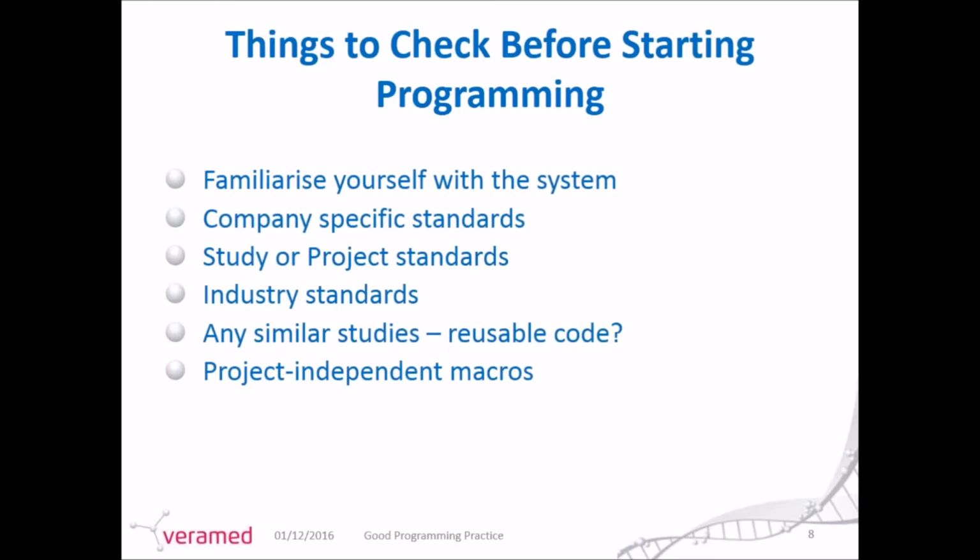So familiarizing with the system and company-specific programming standards, all of these types of things can change a lot, but the most common one that probably most of us focus on is checking for reusable code and macros. And if programmers are committed to programming using good practices, then we're more confident about reusing code from other studies, and it can save us a lot of time and effort.